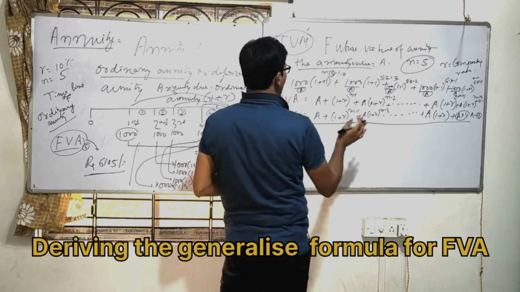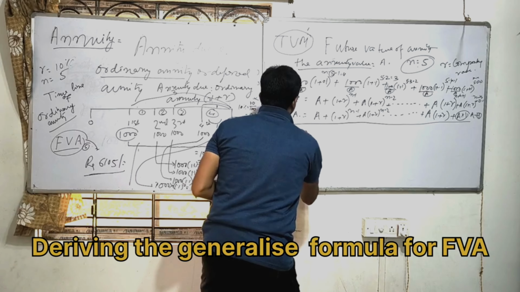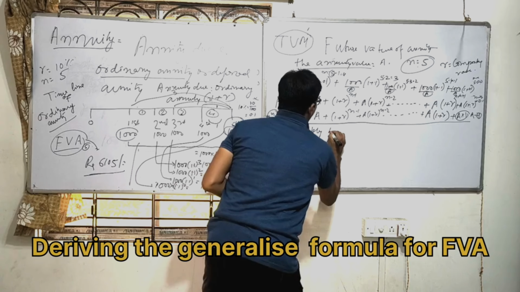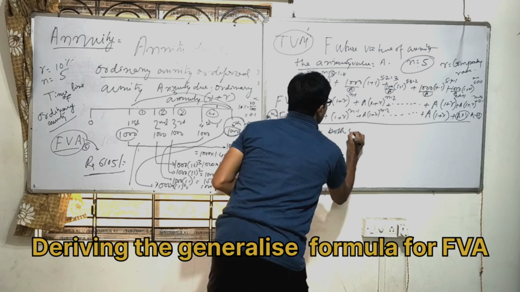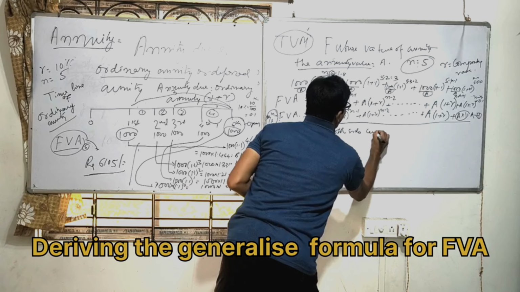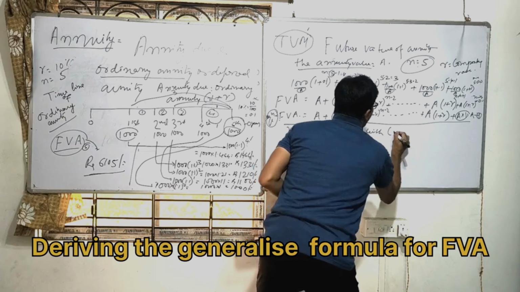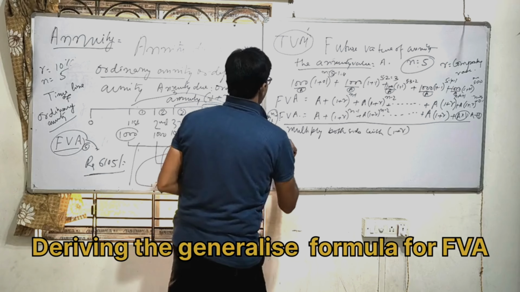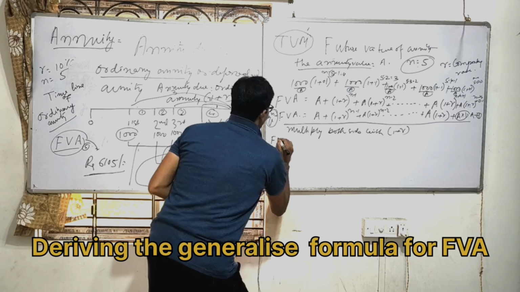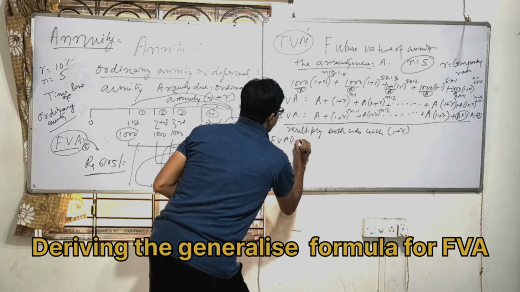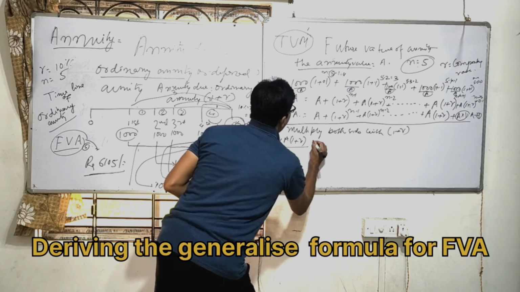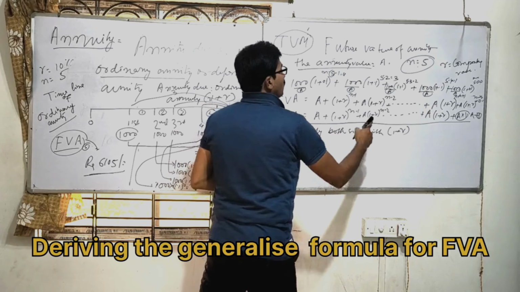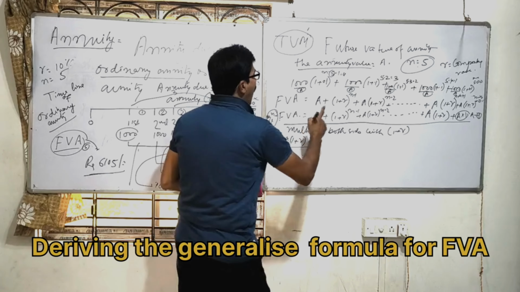Now, if we multiply both sides with 1 plus r, what is the situation? You see, the left hand side is future value of annuity into 1 plus r, and on the right hand side every term is multiplied by 1 plus r.